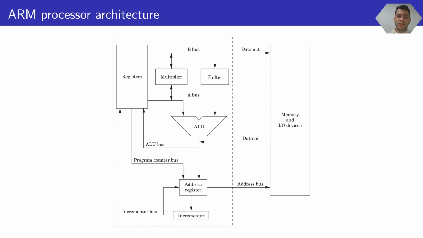Also, the address register can be loaded from the ALU, which allows the processor to support addressing modes where a register is used as the base pointer and an offset is calculated on the fly. After that, its contents are used to access memory or I/O devices.